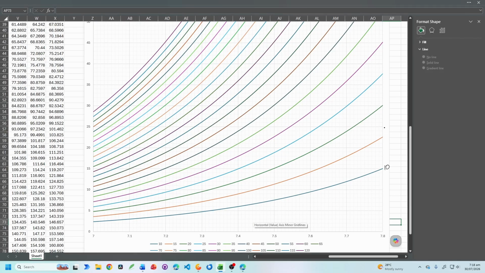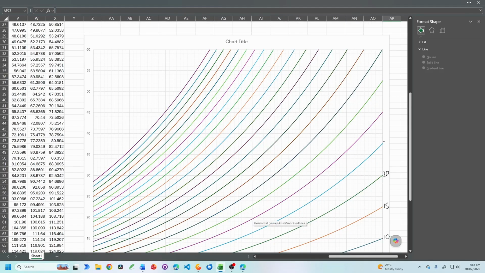If PCO2 was 10, let's suppose, then if PCO2 was 15, then if PCO2 was 20, and then 25, 30, 35, 40, this one is normal, 45, 50, 55, 60, 65, 70, 75, 80, 85, 90, 95, 100, 105, 110, 115, and 120. So this is the baseline that we drew.